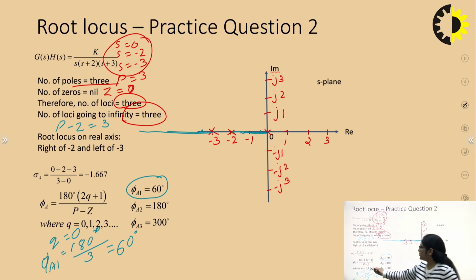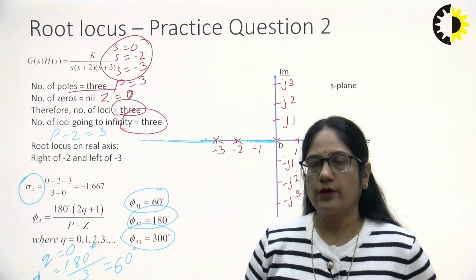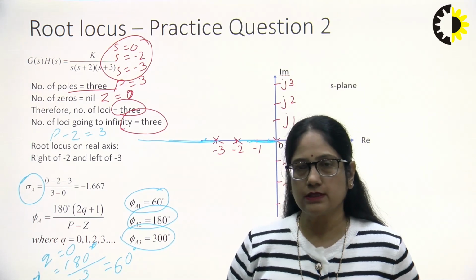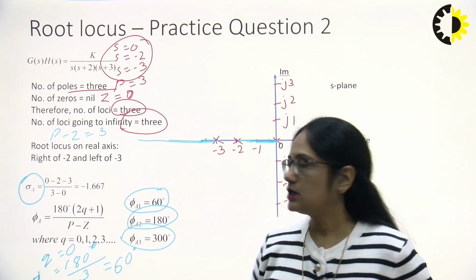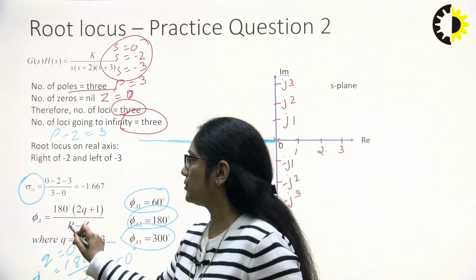Similarly, when you put q equal to 1, we get phi A2 as 180 degree, and when we put q equal to 2, we get phi A3 as 300 degree. Now, the formula to find the centroid is sum of poles minus sum of zeros divided by p minus z, that is 3 in this case.